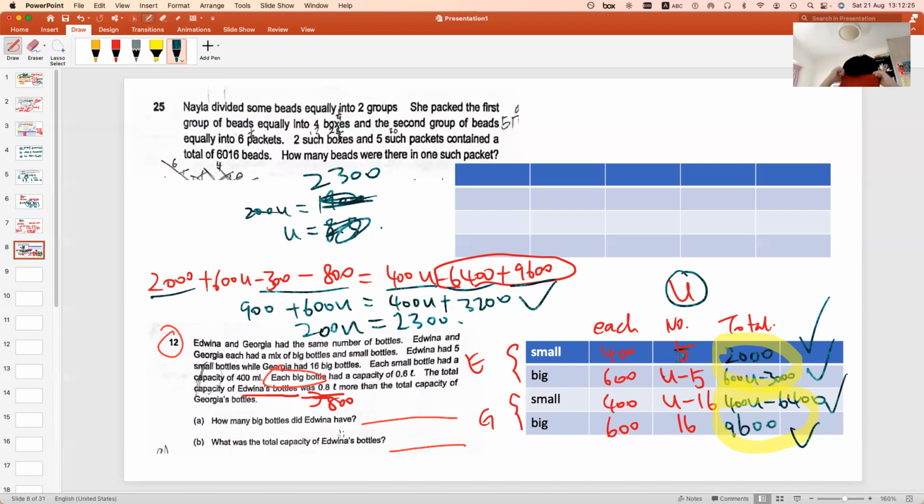Okay. Then the total capacity of every bottle, no problem. Okay. There is a mistake here. I saw it already. This is 3000, not 300. Okay, so let me just redo the equation.